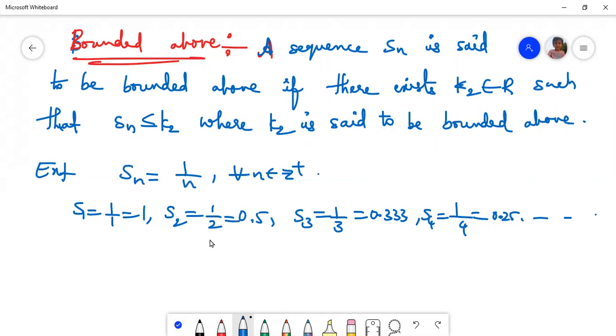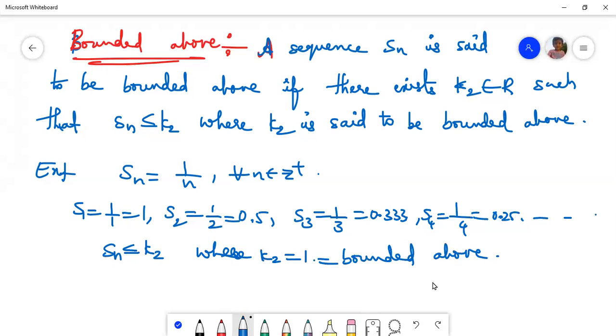Observing all the values, the sequence is bounded above, that is Sn is less than or equal to K2, where K2 is equal to 1. So here 1 is the upper bound of the sequence Sn.